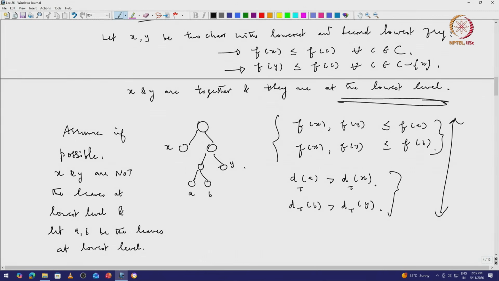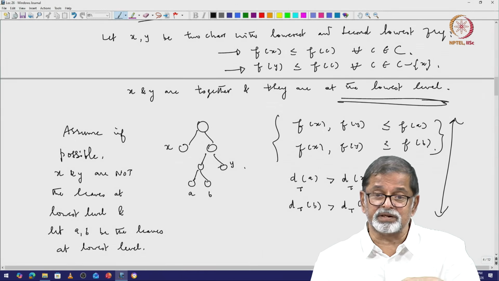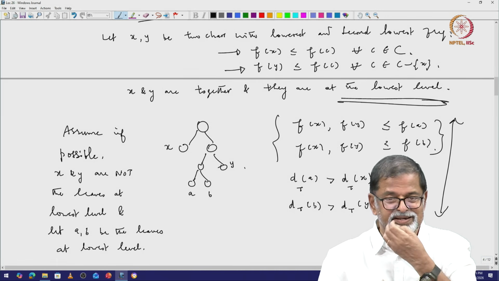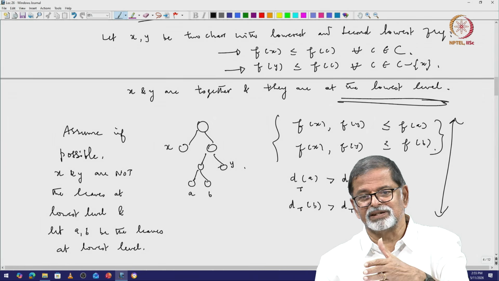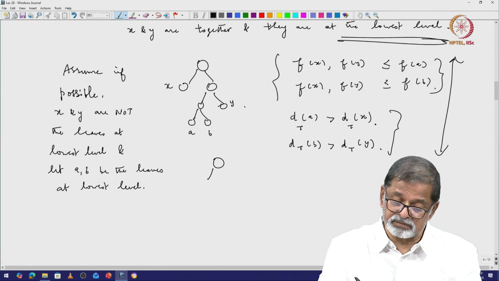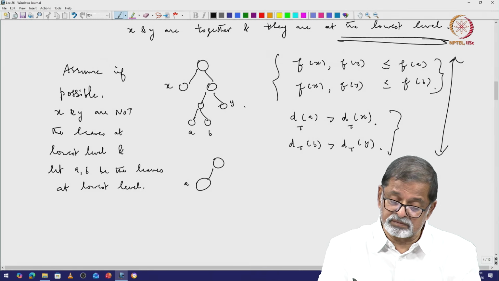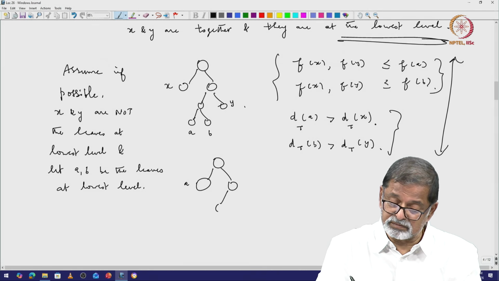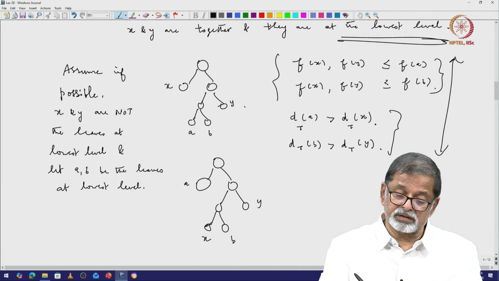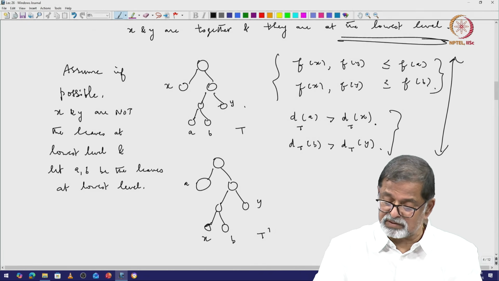Now we will swap, that is we are going to exchange. The cost preserving operation is the following: change A and X, call the resulting tree as T dash. Call this tree as T and call this tree as T dash.